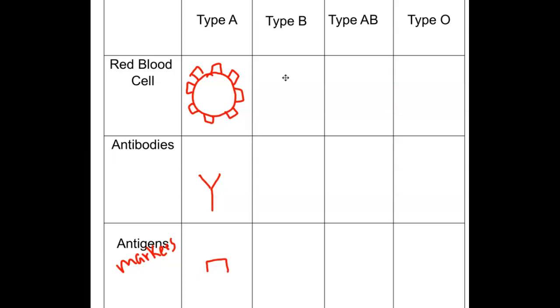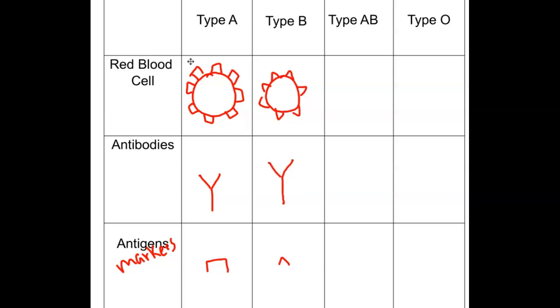So B blood is a little bit different. Instead of being square, B blood has more triangular shaped antigens all around the red blood cell. So the antigen is a little triangle, and the Y-shaped protein would look like this.